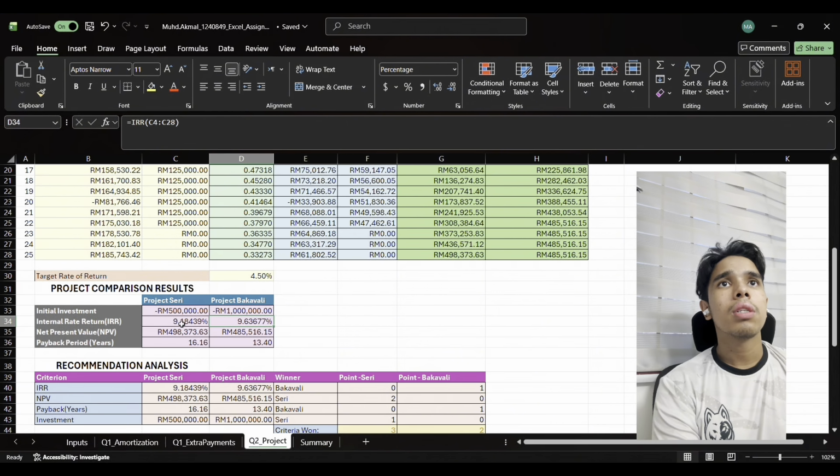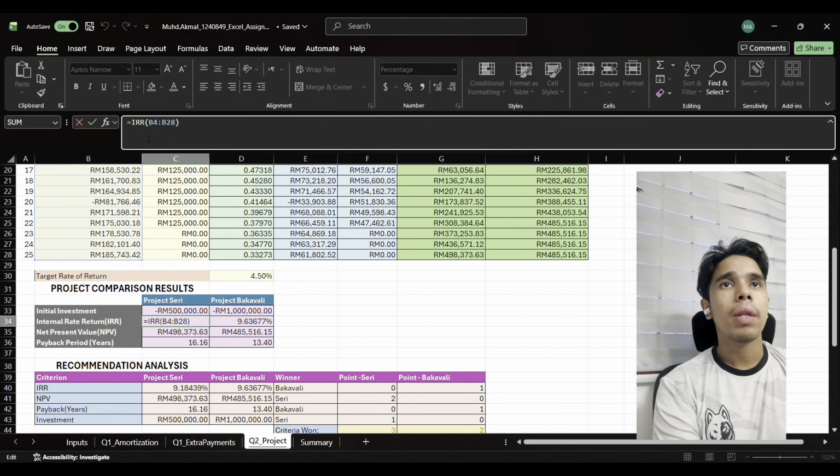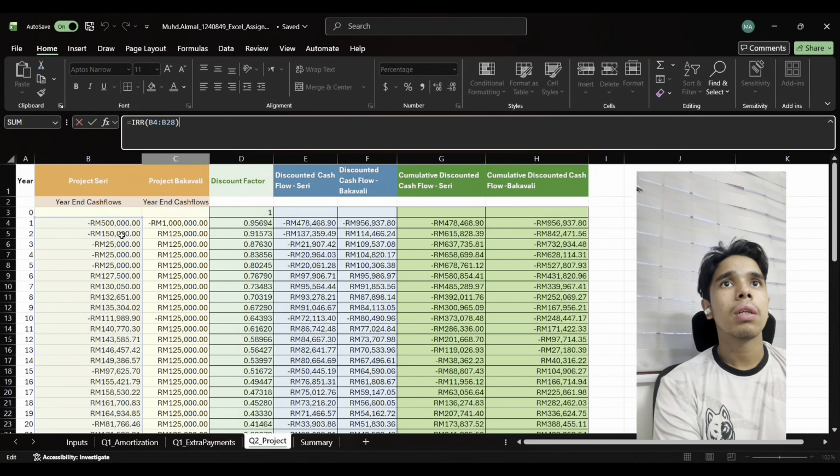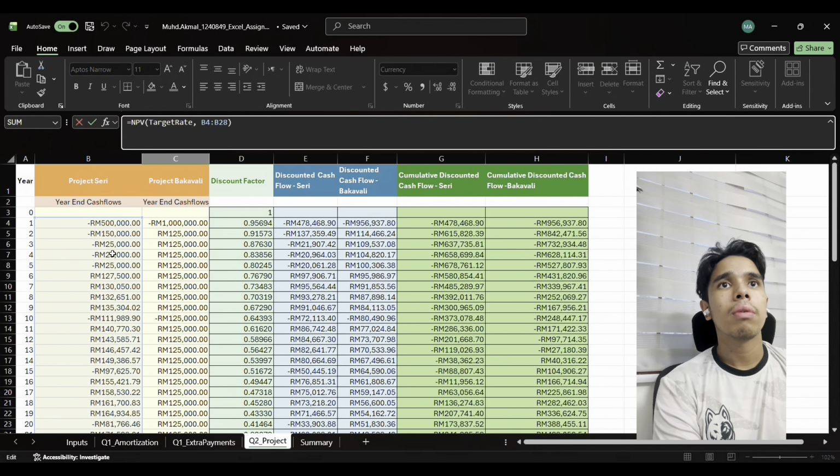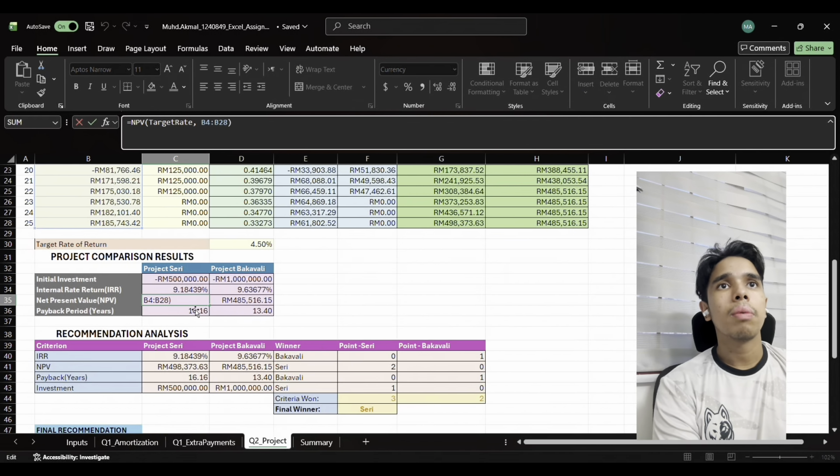The formula, we just use the IRR function and substitute all the cash flow for each project, and we get this. So for NPV, we use the NPV function and just substitute the year-end cash flow for each project, and we get this.